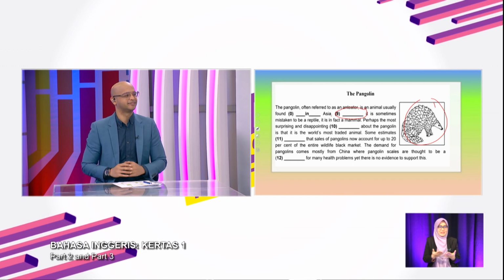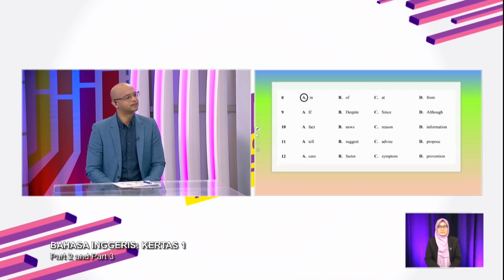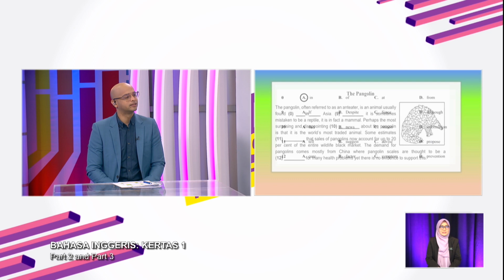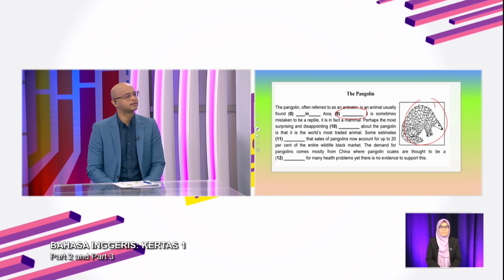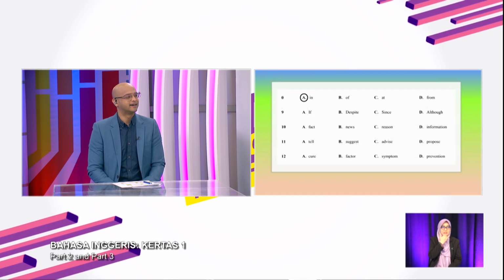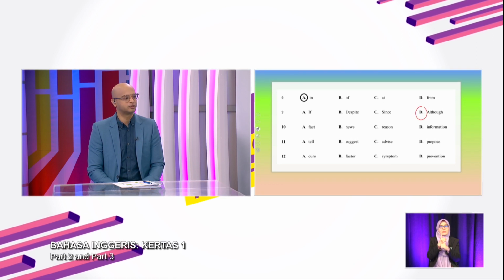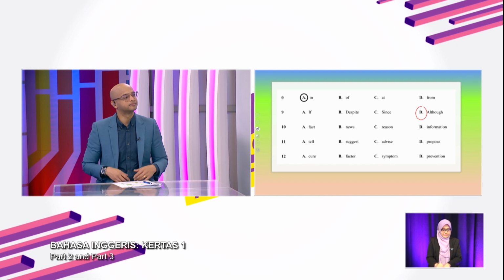Next we have since: since it is sometimes mistaken to be a reptile, it is in fact a mammal. No. The last one is although: although it is sometimes mistaken as a reptile, it is in fact a mammal. Yes, I think this is a suitable answer. The most suitable one is although.